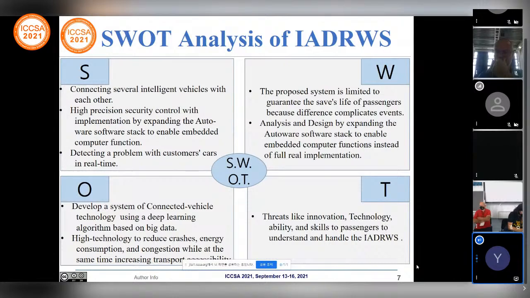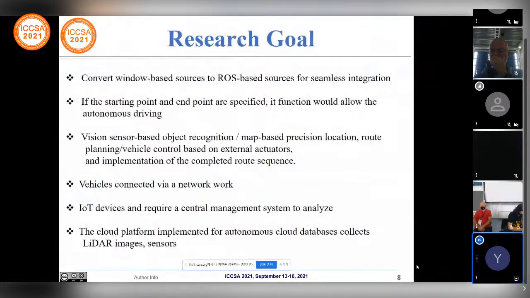In this study, we focus a little bit on the analysis, design, and architecture instead of the full real implementation, but this is going to be the object of our future work. The strength part also includes innovation, technology, ability, and skill for passengers to understand.